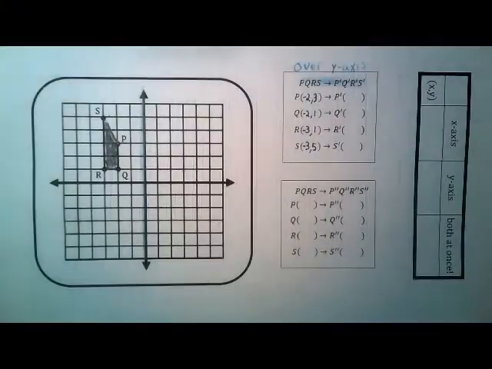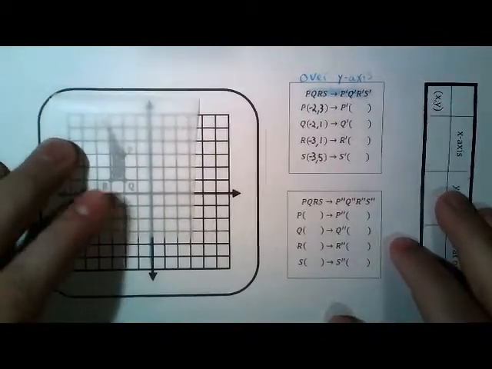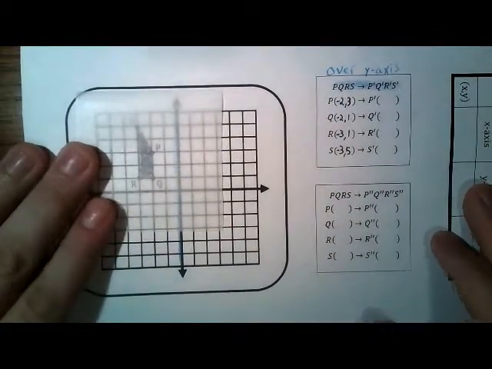Now I've copied down my coordinates for P, Q, R, and S. And what I'm going to do for reflections is use my transparency paper, the one I use for translations, and I'm going to cut it so that I have just a fourth, which is all I need. Put that one aside for my next entry, and now I have some tracing that I can do.